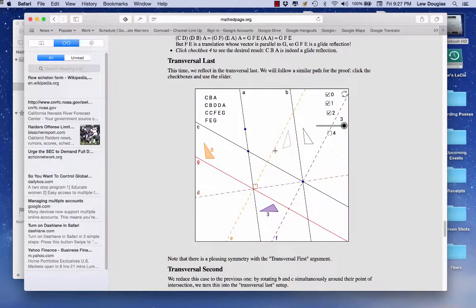Now if we look at the algebra, watch AD. Let's go through this again. AD, that's these two lines here, A and D, which intersect at this point. AD rotates into GE. See? AD rotates into GE.